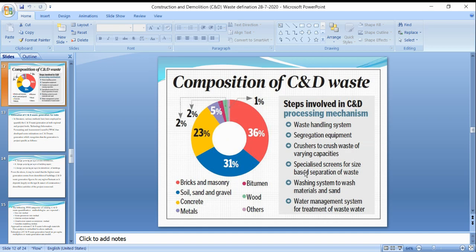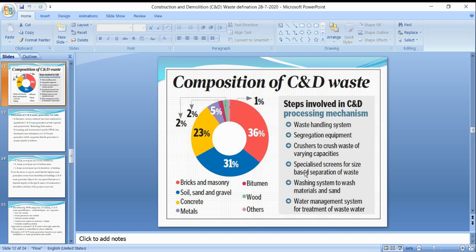So, what are the steps involved in the C&D processing mechanism? Waste handling system, which is to be seen, and segregation equipment. Segregation should be done. Crushers to crush waste of varying capacity.